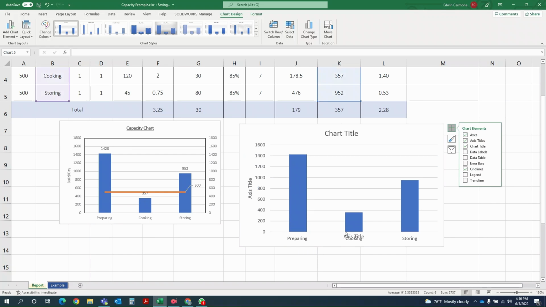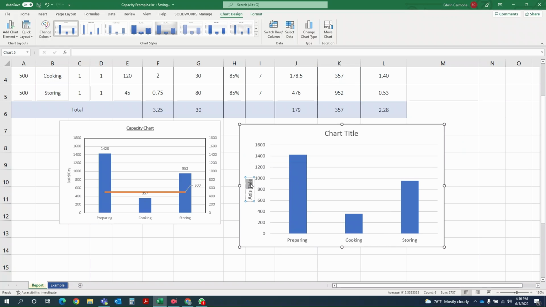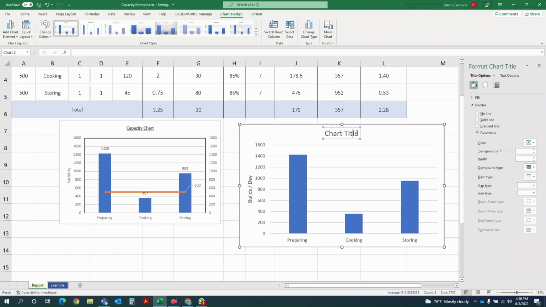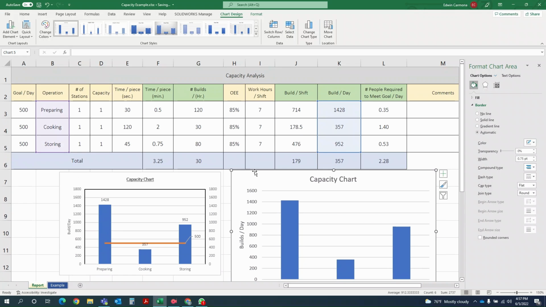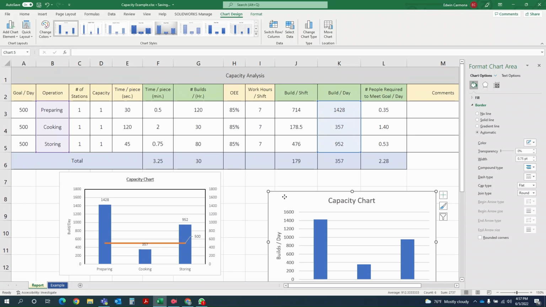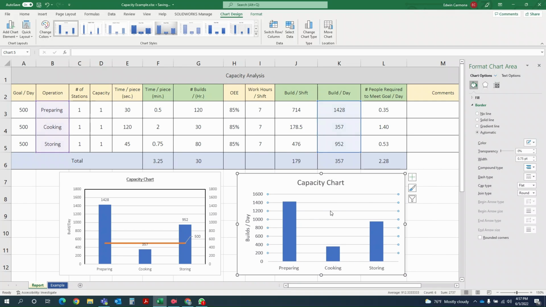I don't need this here. In my case, I'm going to change this to builds per day. Let's change this to capacity chart, and let me just bring this down.